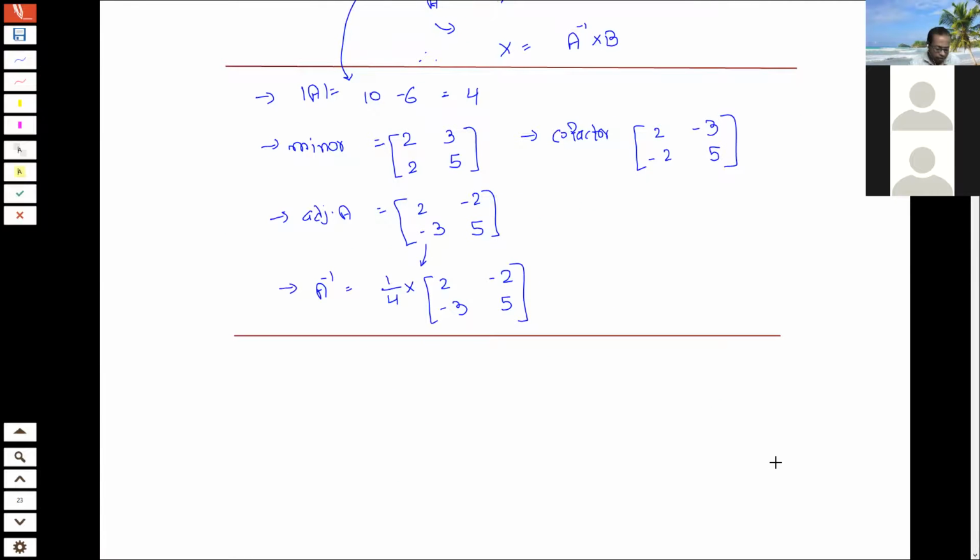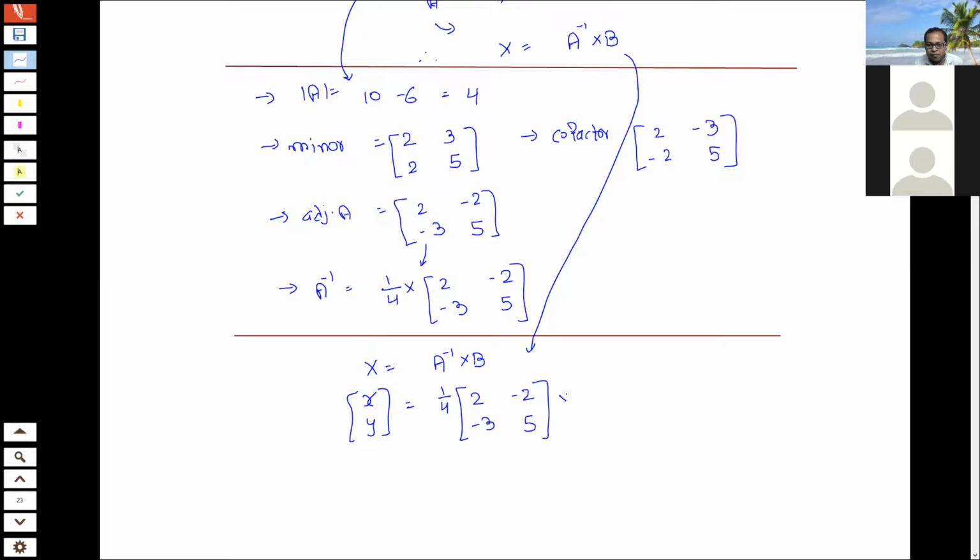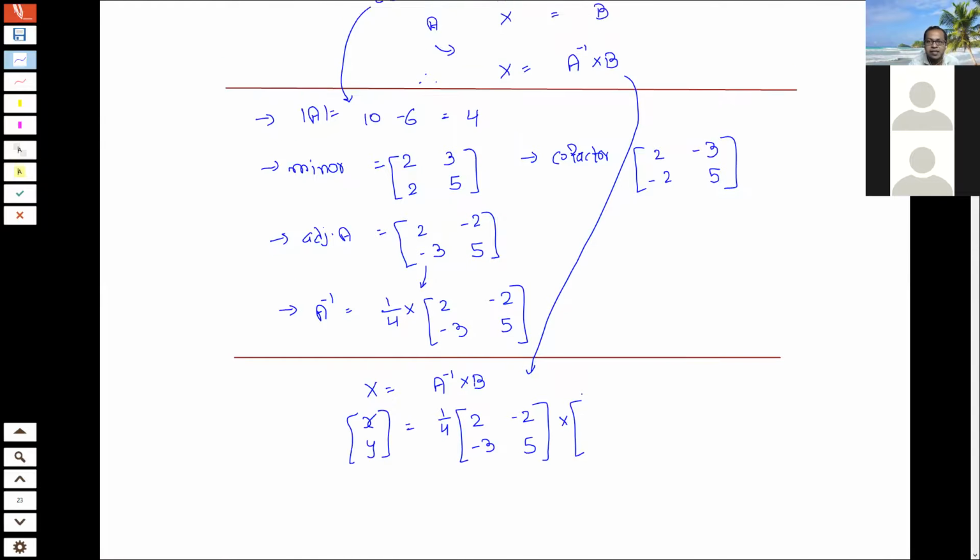Now I will come back to the original situation. The original situation which I had written was this: X is equal to A inverse into B. Matrix X was having x and y. The inverse matrix I already know: 2, minus 2, minus 3 and 5 into B. What is my matrix B? 3 and 5.